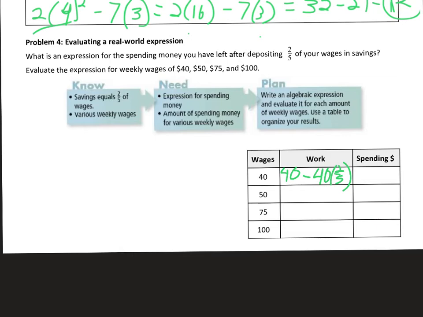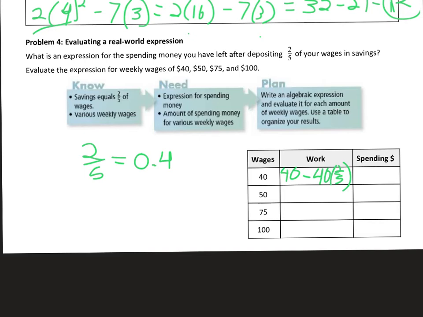Now, if fractions are not really your thing and you want to work with something a little bit more concrete or as a percentage, you could say 2/5 is 0.4. So you're essentially depositing 40% of your wages into your savings.